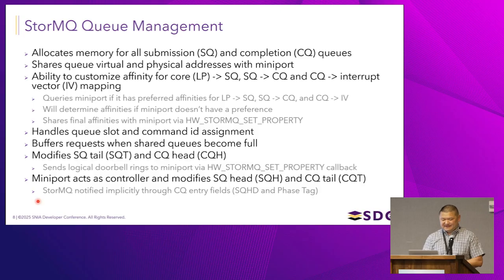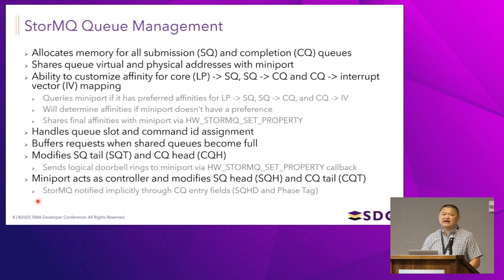I mentioned previously that within the Store MQ model, StorPort is the one that's going to be managing and creating the queues that will be used. So StorPort will allocate the memory for all of the submission and completion queue pairs. When those queues are created, StorPort will share both the physical and the virtual addresses of those queues with the miniport.